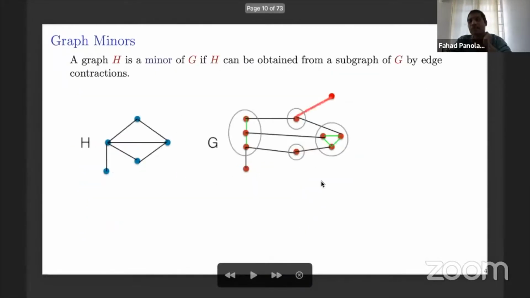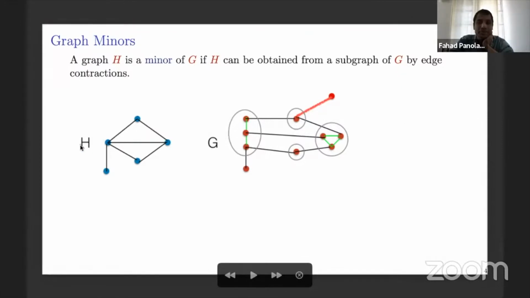Now I want to talk about F-minor-free graphs and F-topological-minor-free graphs. So first I will recall the definition of minors. A graph H is a minor of G if H can be obtained from a subgraph of G by edge contractions.